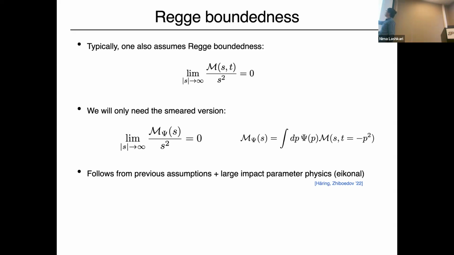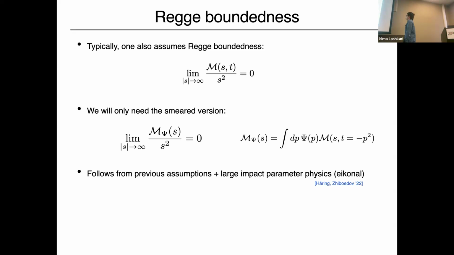But in this talk, we're actually going to use a spin version of this condition. This condition is for all values of t, Mandelstam t, which is like the transverse momentum. But you can consider integrating this amplitude against some wave packet, which is a function of p. Now you get a function that just depends on s, and you can choose this wave packet such that you have this property.